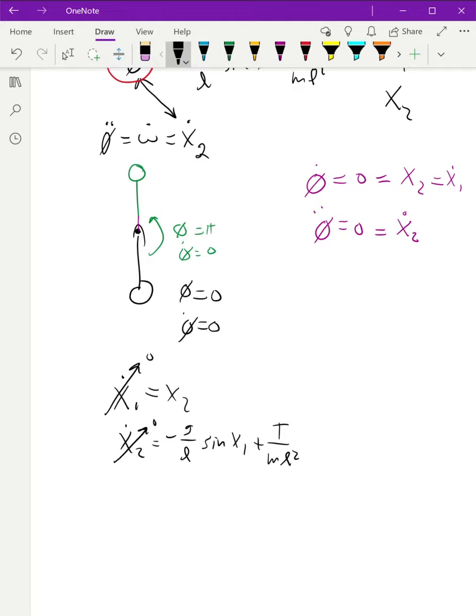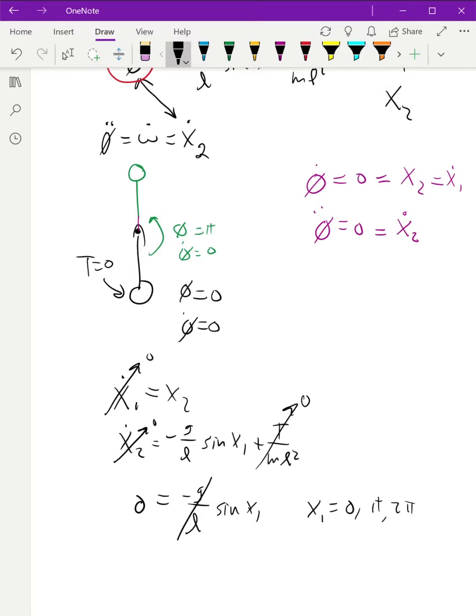We're going to guess that our torque is going to be 0 at equilibrium, which makes sense, right? If we place it here and T is some non-zero value, it's not going to be at equilibrium, so we're going to guess that T equals 0 as well. So this goes to 0. So then we have 0 equals negative g over L sine x1. The g over L we can cancel out, and we get x1 equals 0, pi, 2 pi.